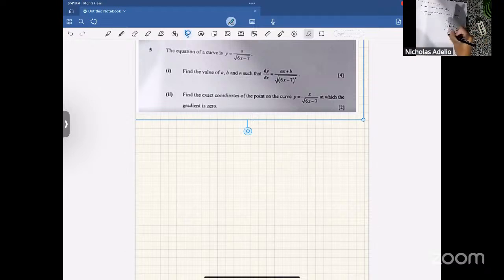So it's going to be 6x minus 7. Okay. And then I have to put u prime. How?